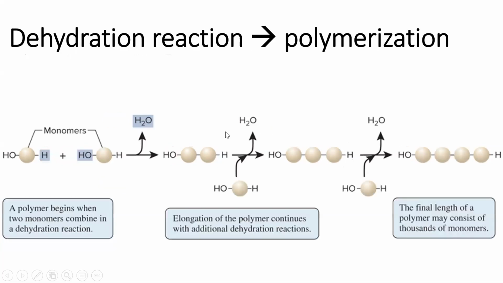So I want to go back to dehydration synthesis for a little bit. You can think about this as taking one amino acid and another amino acid, combining them together to form a polypeptide, and then you have this huge polypeptide that'll eventually form a protein.